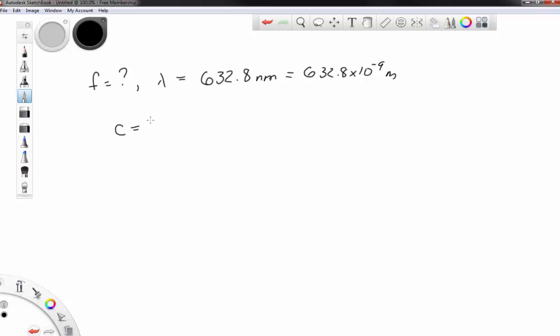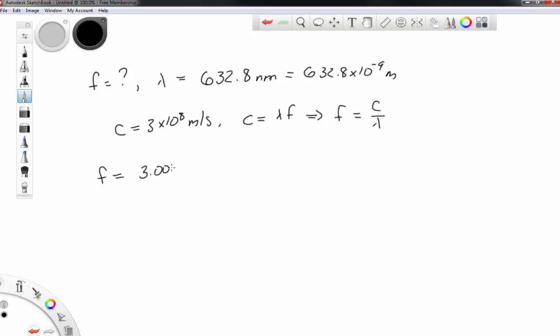And c is 3 times 10 to the 8 meters per second. c is going to be lambda times f, so that means that f is going to be given by c over lambda.